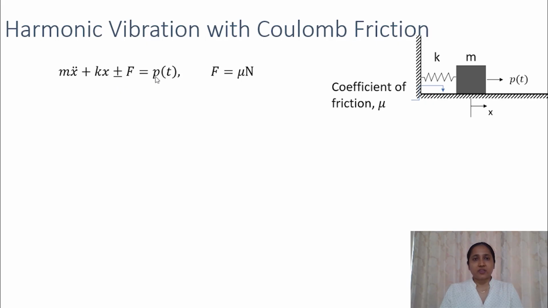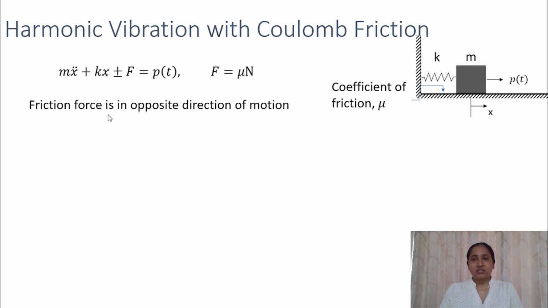minus F is equal to p(t), the harmonic force. Here F is the frictional force, equal to the coefficient of friction times the normal force acting on this surface. In this case, this could be the weight of this mass.